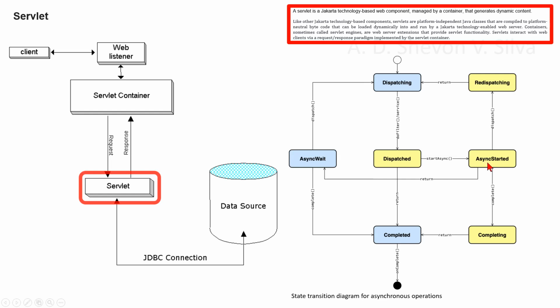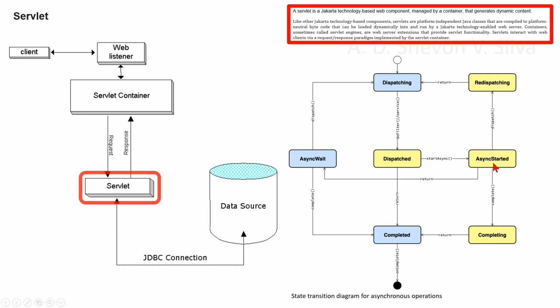Async started state is connected to async wait state and completing state. Return is passed from async started state to async wait, and async wait is connected to dispatching and completed state. Dispatch method is passed from async wait to dispatching, and complete is passed from async wait to completed.